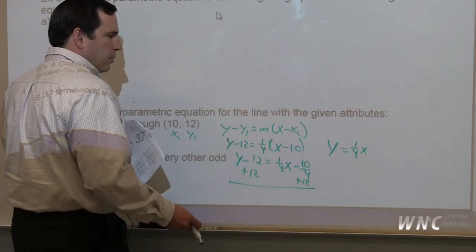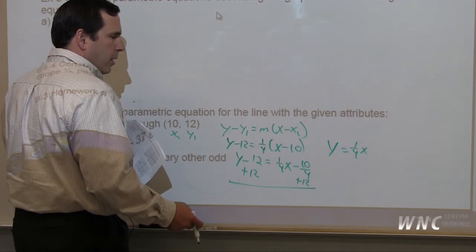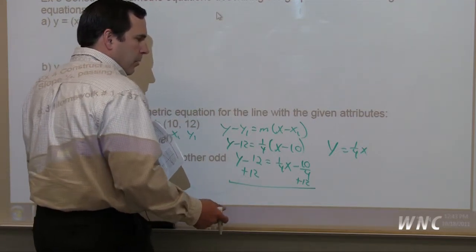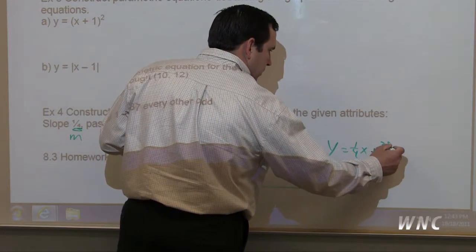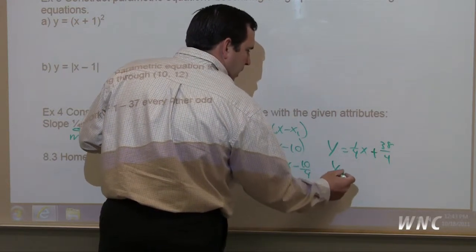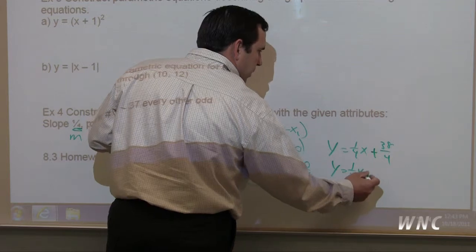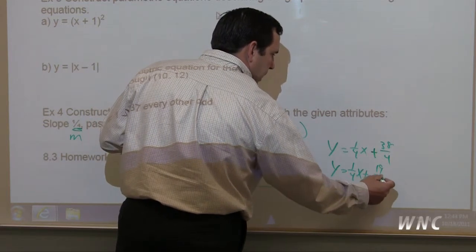So 12 would be 48/4. So we get 38/4. So y equals 1/4 x plus 19/2.